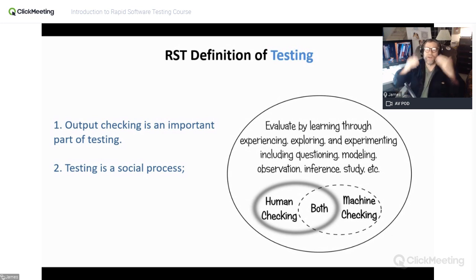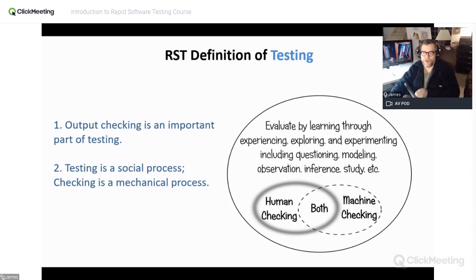If you take someone who has no ability to make social judgments, they will not be able to do that very important aspect of testing, which is to be sensitive for problems that matter as opposed to problems that don't matter. So that's a social process. Checking is a mere mechanical process, which is why checking can be automated, but testing cannot be automated.